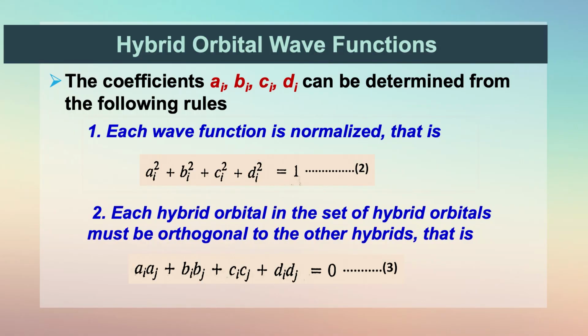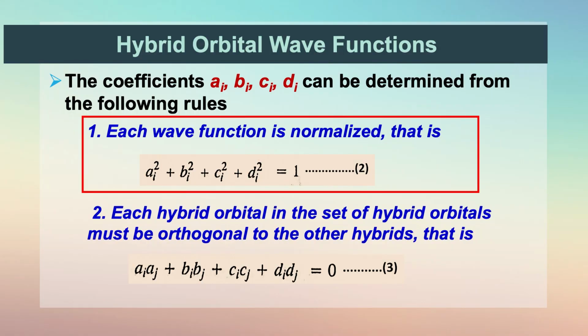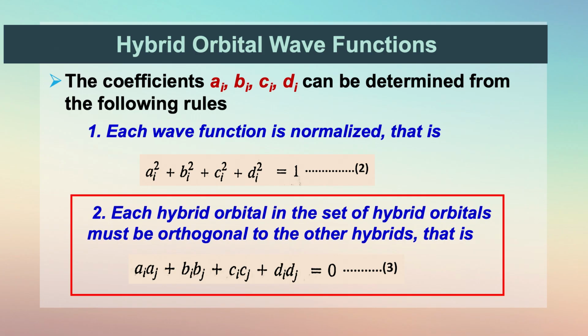The first rule: each wave function is individually normalized. This implies that a_i squared plus b_i squared plus c_i squared plus d_i squared equals 1. Moreover, each hybrid orbital in the set of hybrid orbitals must be orthogonal to the other hybrid orbitals.